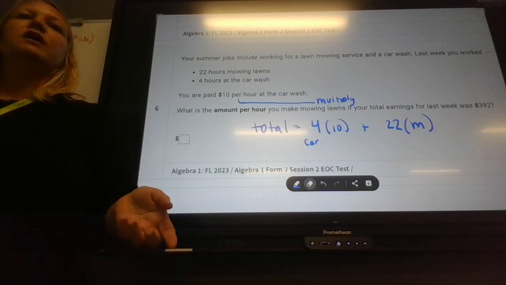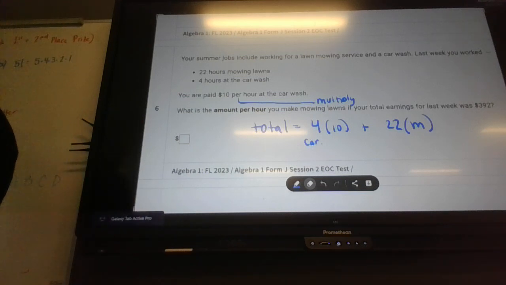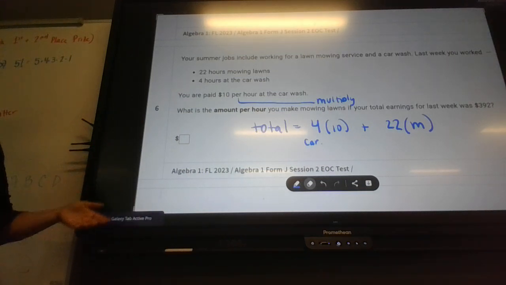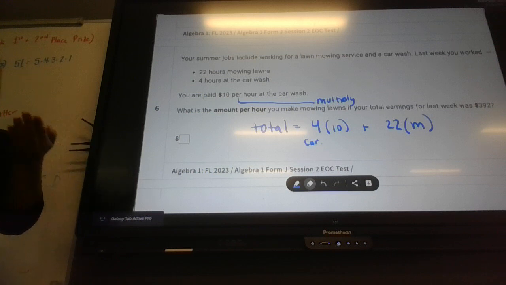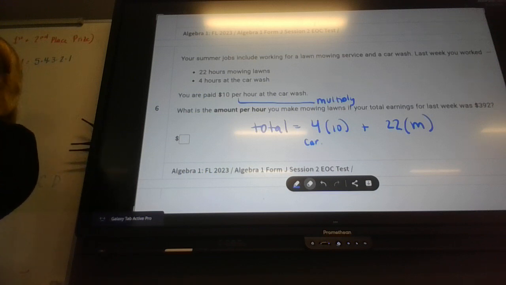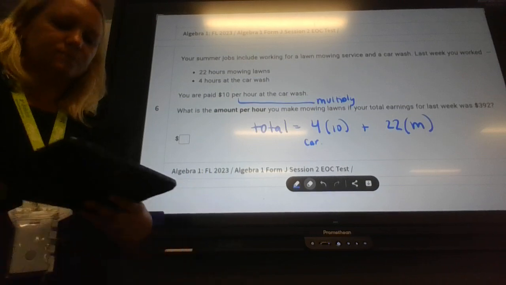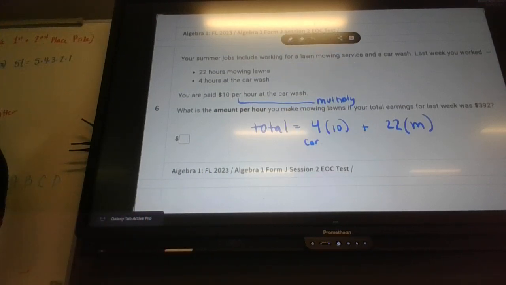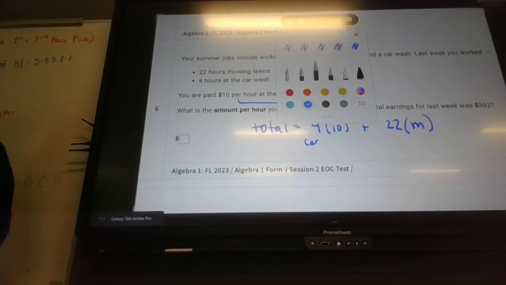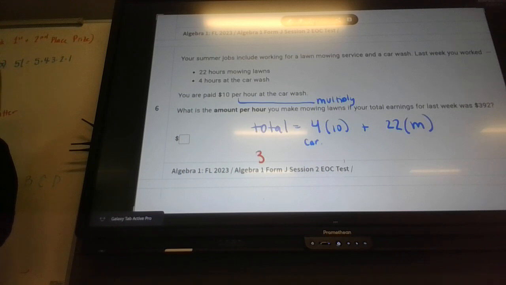So most of you guys, if this was really your situation and you wanted to know how much money you made, you could figure it out with a calculator in your hand. You don't need math class. You don't need to do it just like this. So it's 392 equals 40 plus 22m.